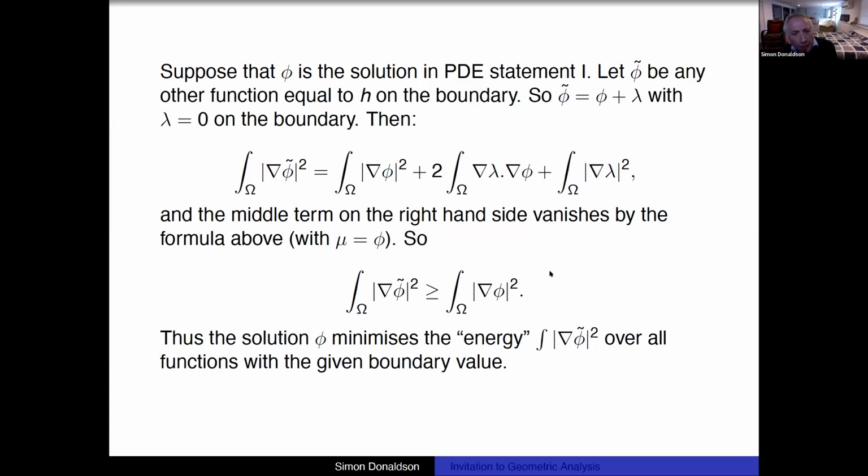So what that's saying is that the solution phi minimizes what's called the energy, the integral of the square of the derivative, over all functions with a given boundary value. If you like, the solution phi is the most efficient way of filling in with a function on omega equal to the given h on the boundary, in the sense of minimizing this energy.